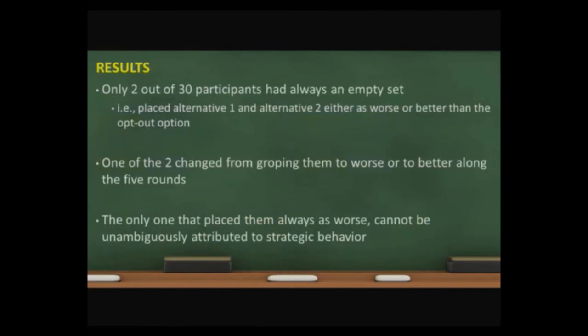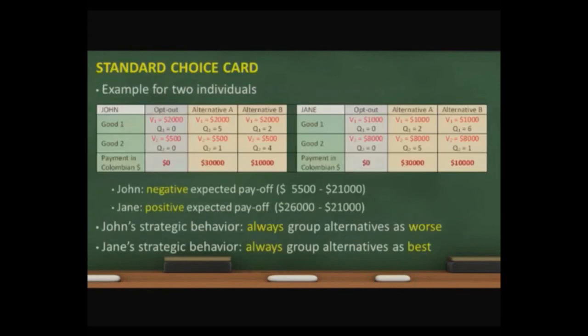Okay, so the results. 30 students of economics, with instructions and some clues to point them in this direction. Out of 30, only 2 always had the same grouping, so either both alternatives better than or both alternatives worse than.